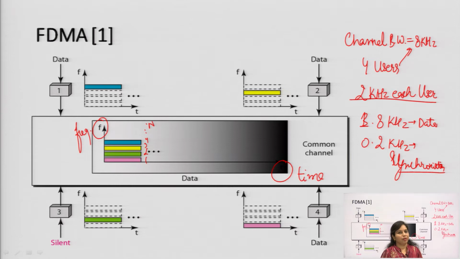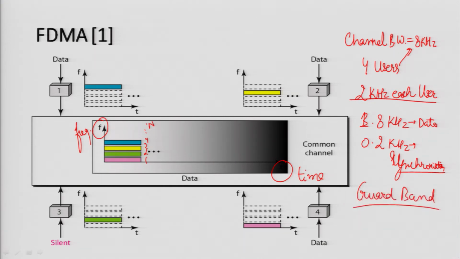So, that 0.2 kilohertz frequency will be reserved, so that interference will not take place between the 2 users. That is also known as guard band. 0.2 kilohertz is known as guard band, and 1.8 kilohertz is basically used for the transmission of the data.